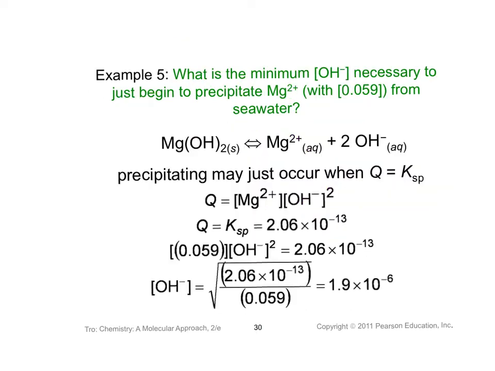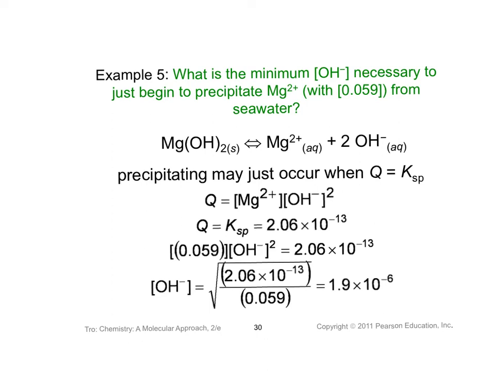So here's a question of what's the minimum OH minus concentration to just begin to precipitate Mg2 plus, and the concentration is given in that. And so what we're going to do is say, okay, if you are at the Ksp, you are just going to start the precipitation.